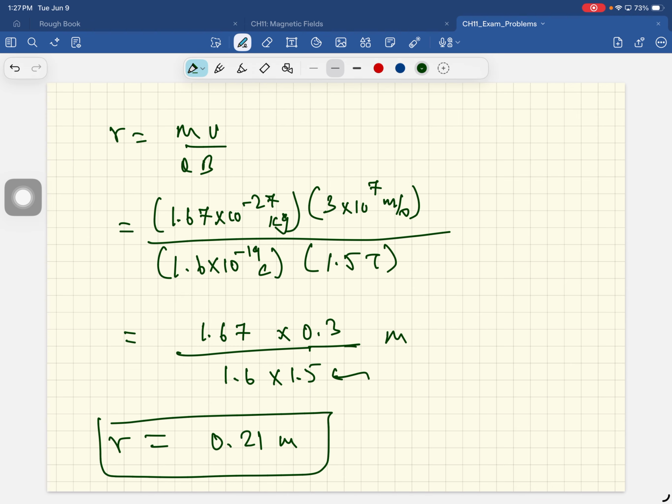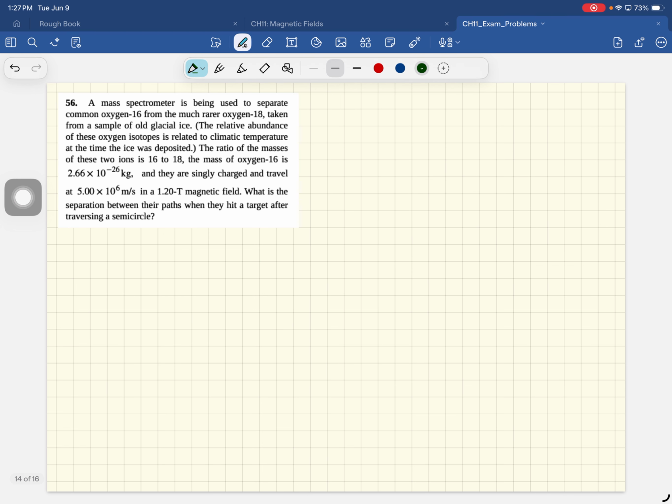So this radius is 0.266 times 5 divided by 1.6 times 1.2 meters.